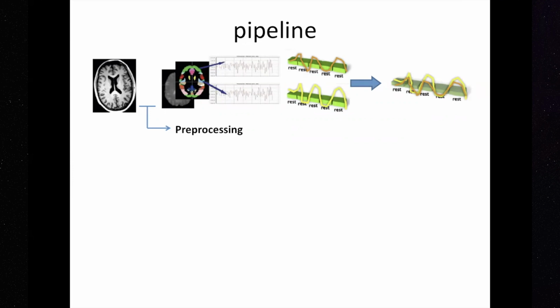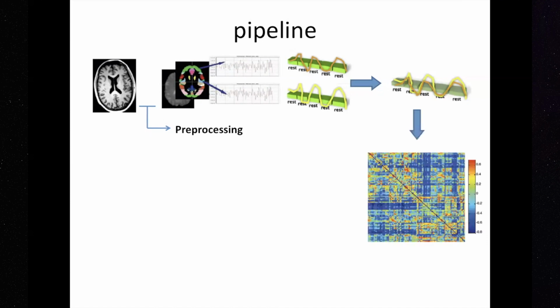Then you do this for all the pairs of regions possible in your network, and you already have the graph in the end. You can put this in the association matrix, where the rows and the columns represent the nodes, and the matrix elements represent the connections, here the statistical coherence between the time signals that you extracted from your brain regions.